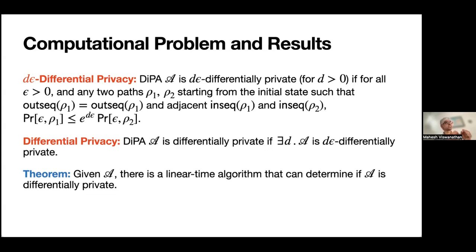The sequence of inputs is a sequence of real numbers. In differential privacy, you want to make sure that if you get close inputs, then the probability of producing the same output is very close. That's the reason why you're looking at those two things.